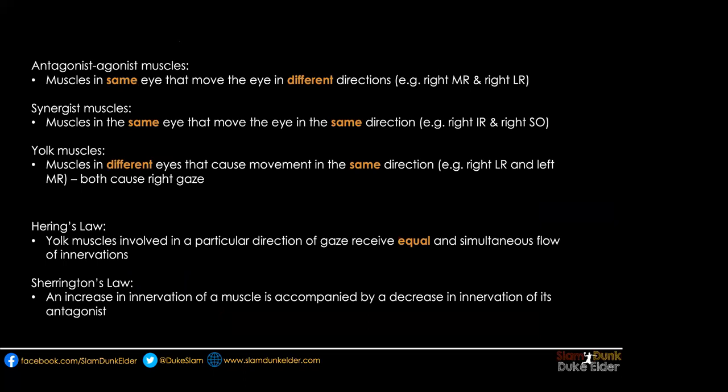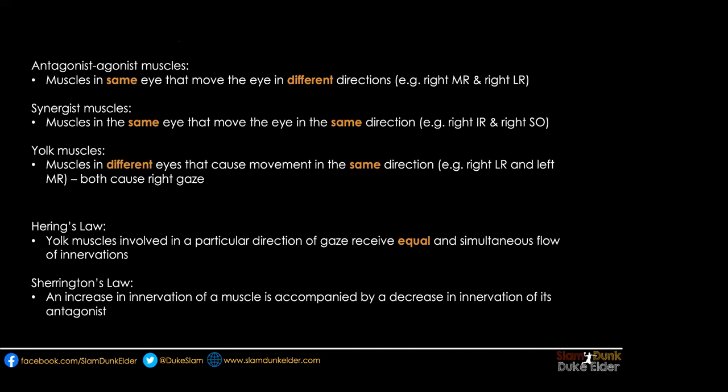So a few definitions about the extraocular muscles. Antagonist muscles are muscles in the same eye that move it in different directions, so your right medial rectus and your right lateral rectus oppose each other.